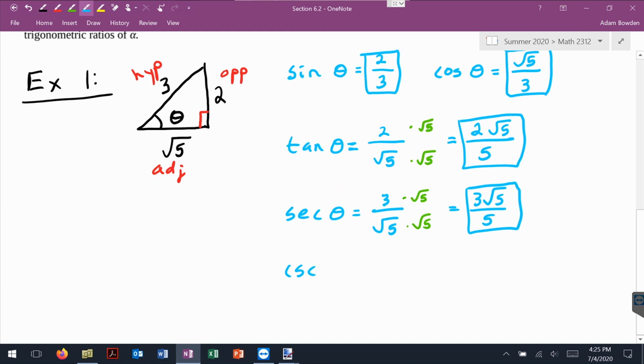The cosecant is the reciprocal of sine, so if we do that, we'd have 3 over 2. And then finally, the cotangent. We could flip around the tangent to get square root of 5 over 2, and that would be our cotangent. And so these are the values of all 6 trig functions based off of this right triangle.